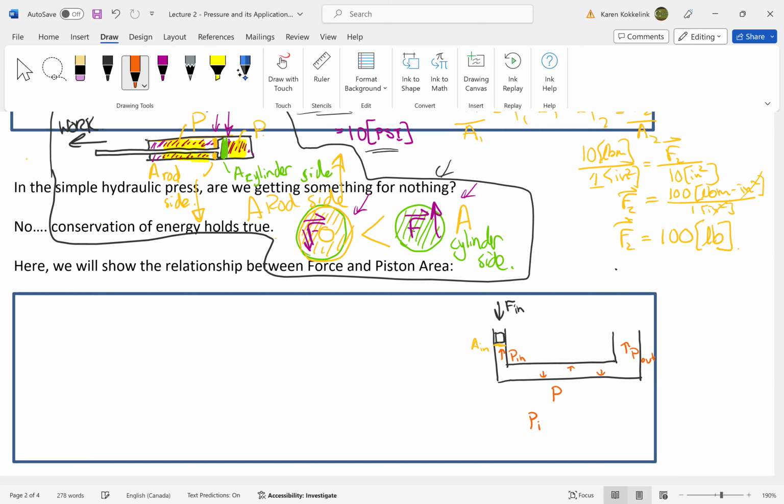So P in equals P, which equals P out. That's what Pascal said. This is literally what Pascal said. The pressure is the same everywhere.